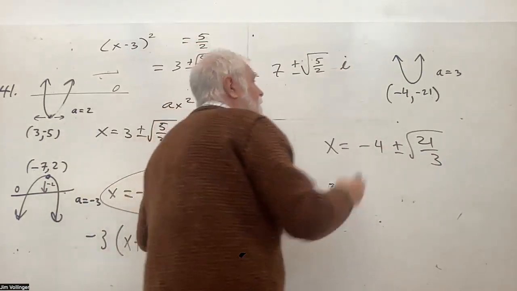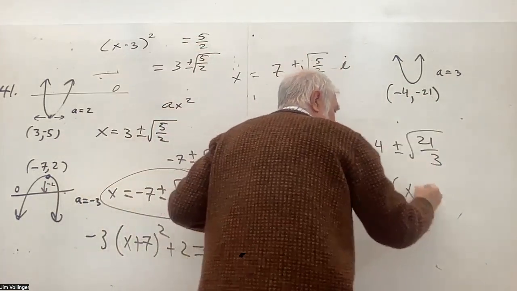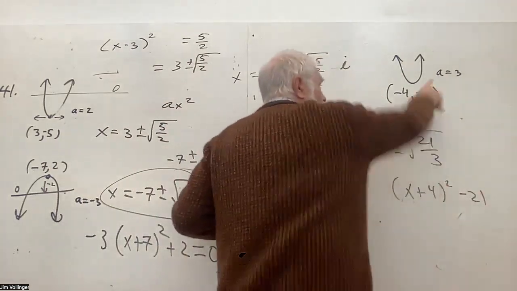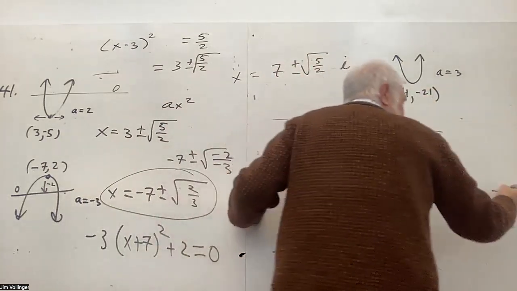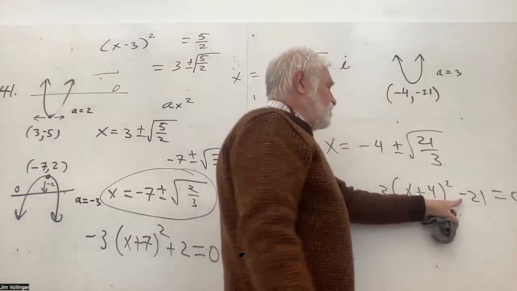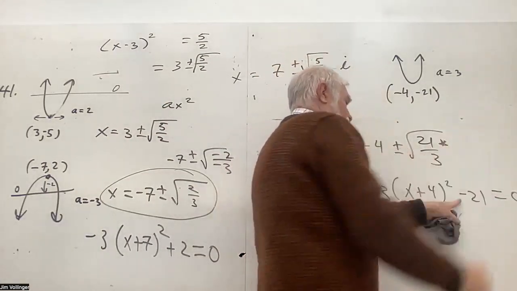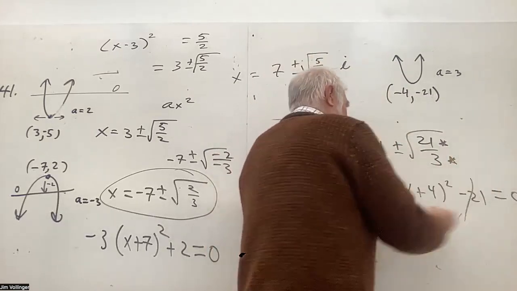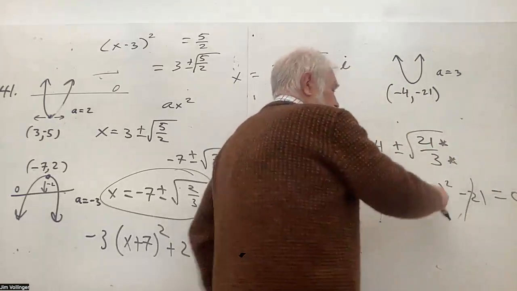And again, you could have written this as 3 times (x plus 4) squared minus 21, setting it to 0, minus 21 becomes positive 21. Multiplying by 3 becomes dividing by 3. Real roots.